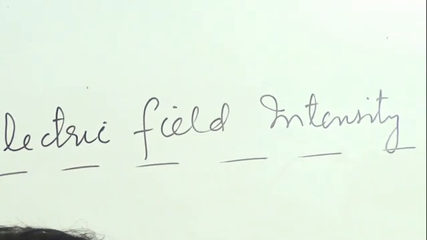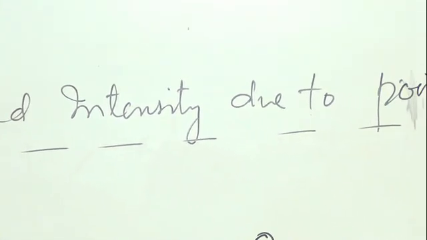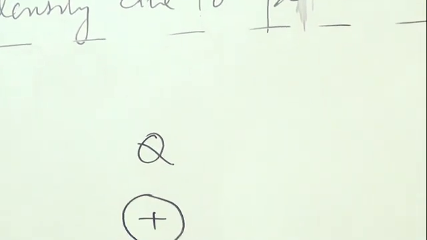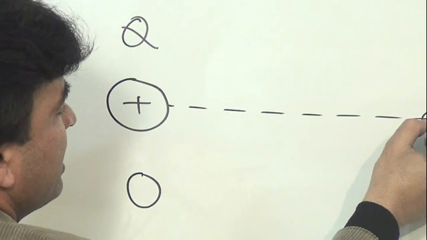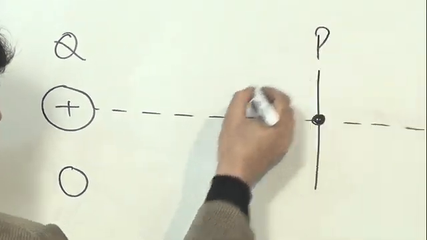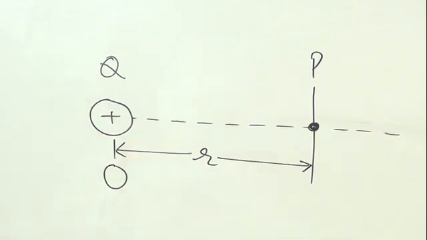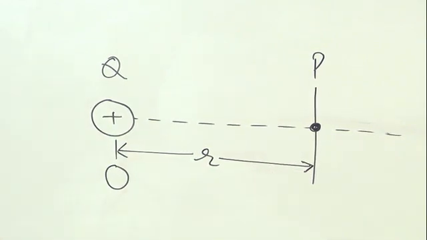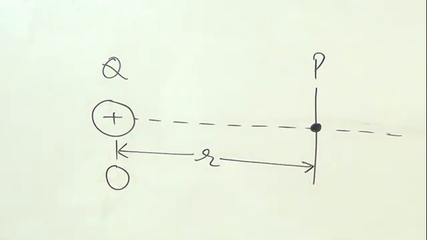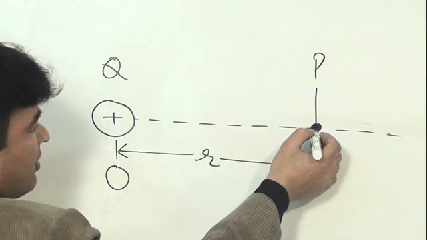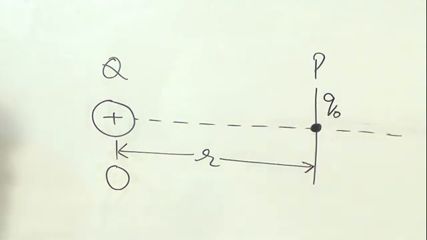Suppose we are having a point charge of value Q, placed at point O, and we are interested to find the value of electric field intensity at point P, distance R from Q. In order to know the value of electric field intensity, we have to place a unit positive test charge at point P.